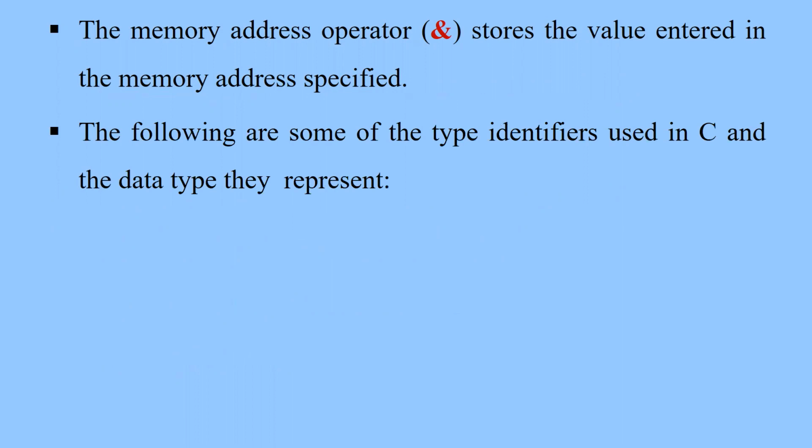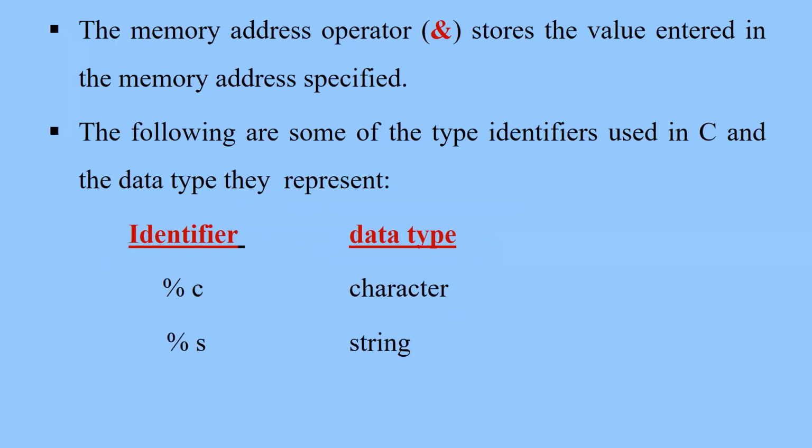The following are some of the type identifiers used in C and the data type they represent. So whenever you have %c, that's an identifier for character type. Then %s is read as the identifier for string. Then %d is representing data type integer.